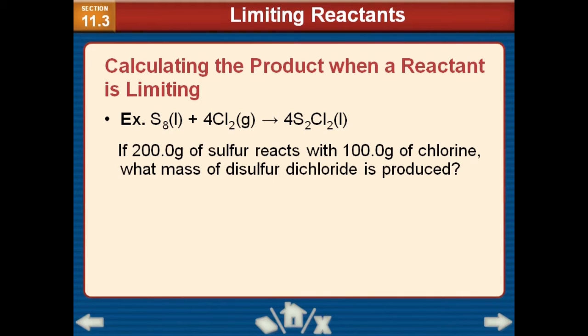If 200 grams of sulfur reacts with 100 grams of chlorine, what mass of disulfur dichloride is produced? Given that this is a limiting reactant problem, either the 200 grams of sulfur or the 100 grams of chlorine is going to be the limiting reactant.